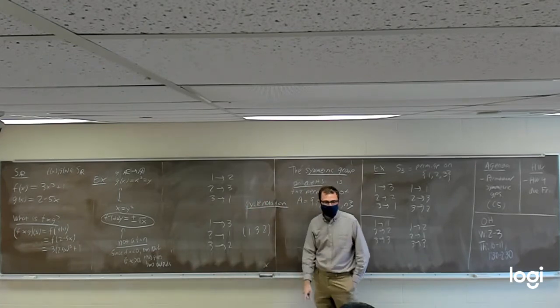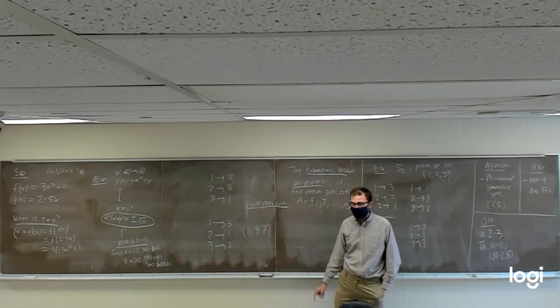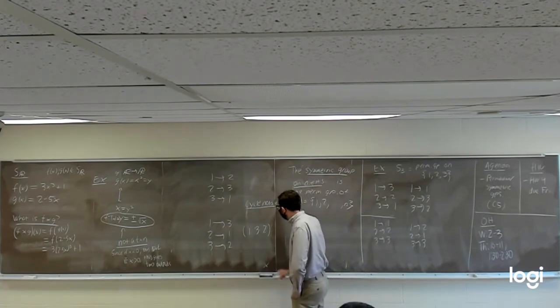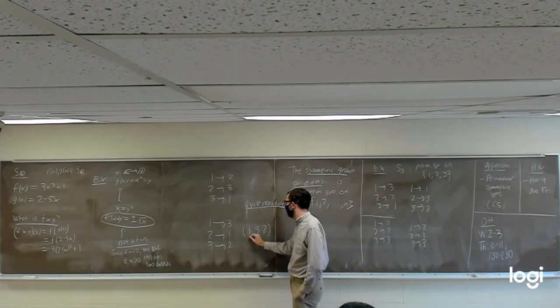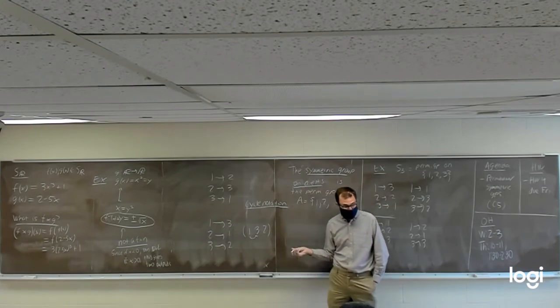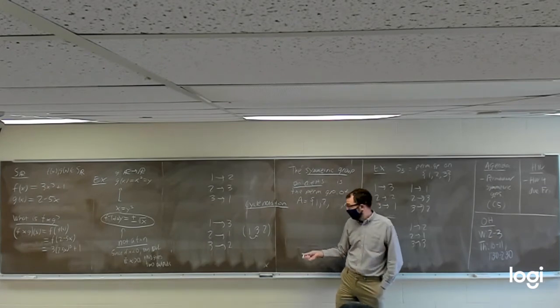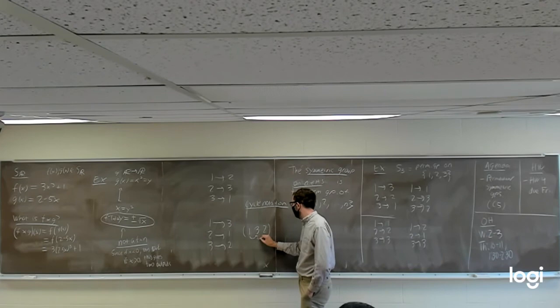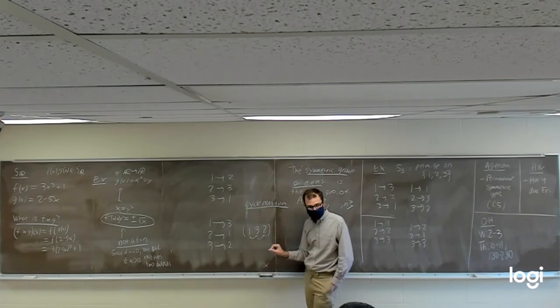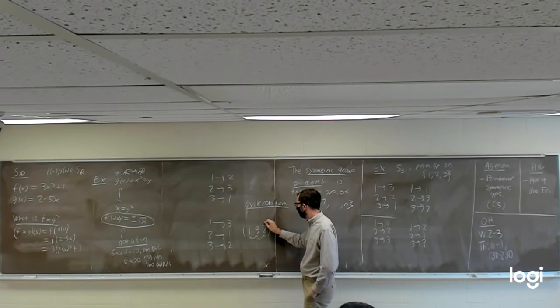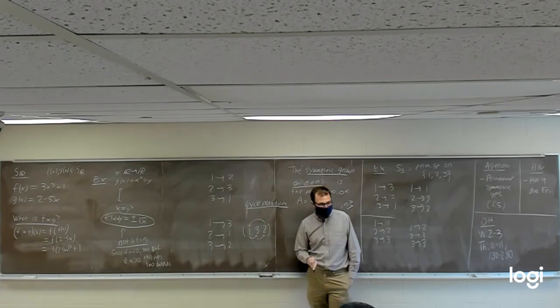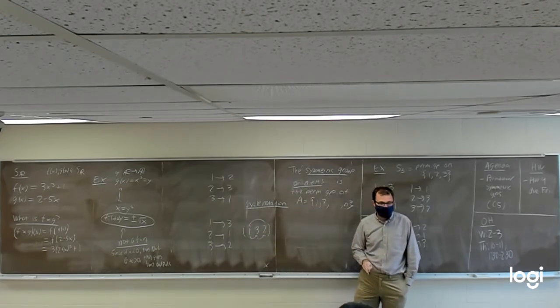This is a cycle, like a bike, except it looks nothing like a bike. And what this means, when you read this off, I want you to think about the number 1 is going to map to the number 3, the next element that comes after it. The number 3 is going to map to the number 2. And then the 2 at the end of the cycle is going to map back to the first element.